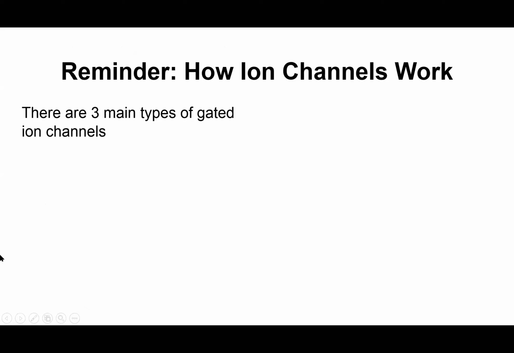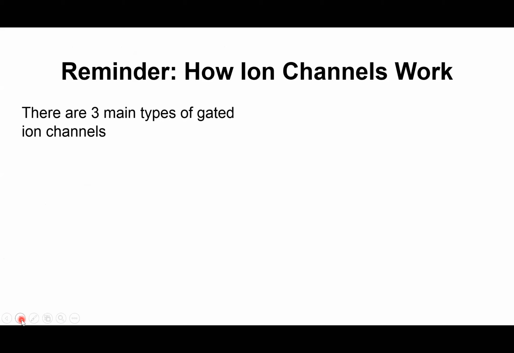So we have learned this stuff before, but I just want to give you a quick reminder as to how ion channels work. Since we just talked about some channels specifically, the leaking potassium and sodium channels, and then the sodium potassium ATPase. We have three main types of gated ion channels.